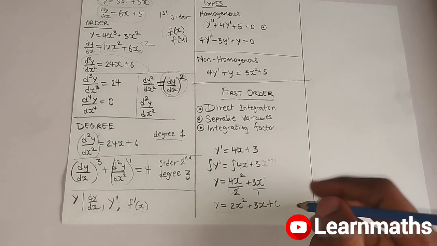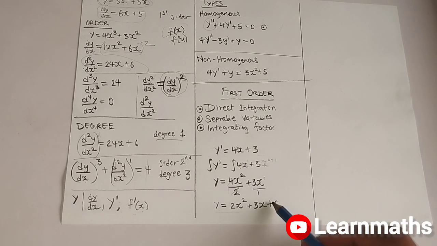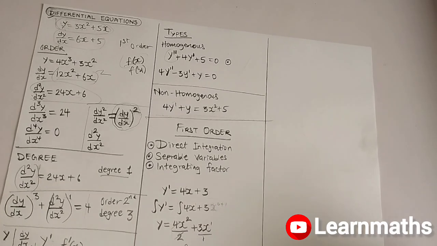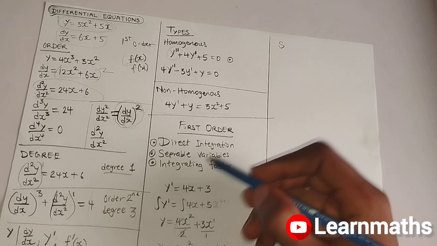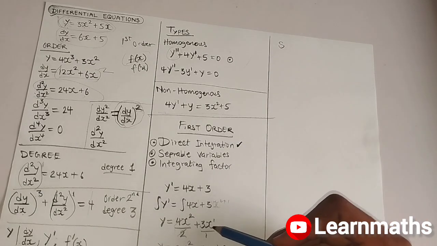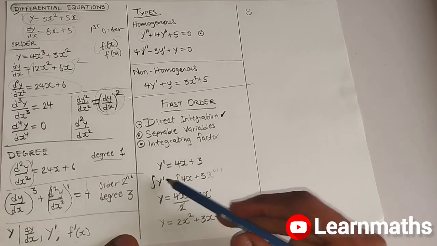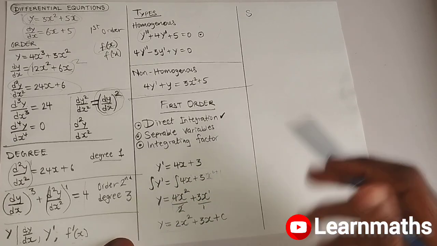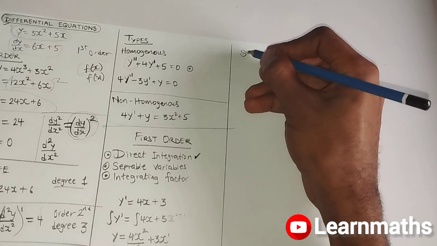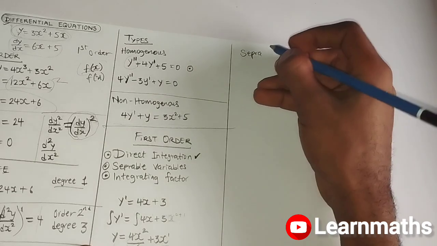Whenever I integrate, you should not forget to add your constant, plus c or plus k, depending on the letter you decide to use. This was direct integration, where you just see the differential equation and you integrate it directly to get your answer. Right, so let's look at separable ODE, or separable variables.